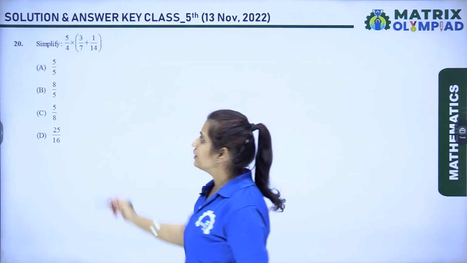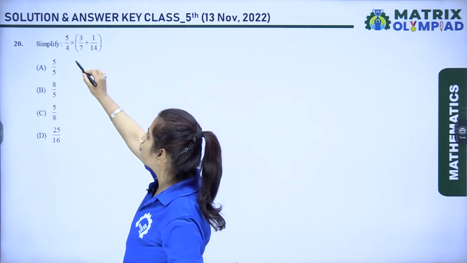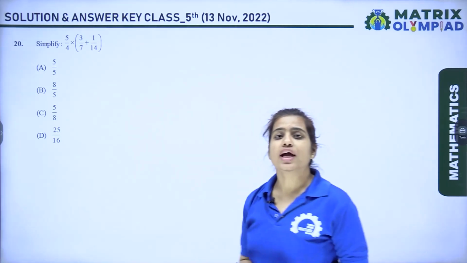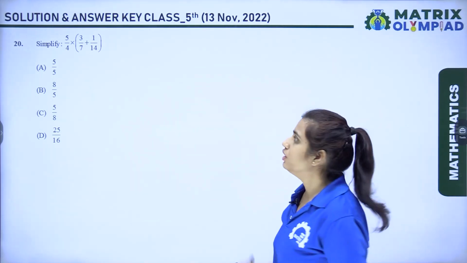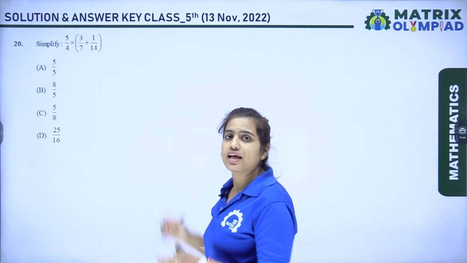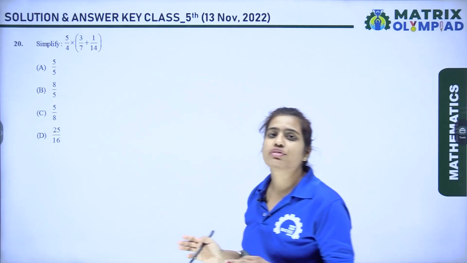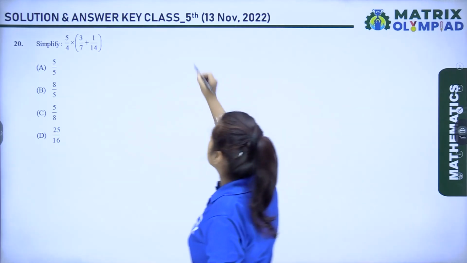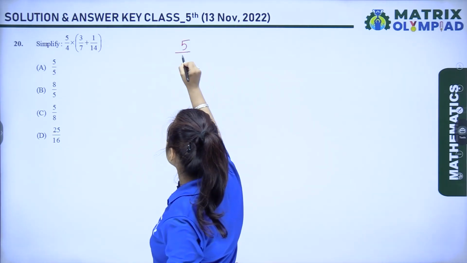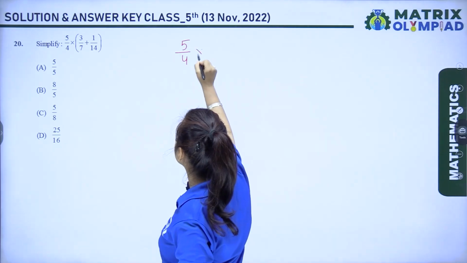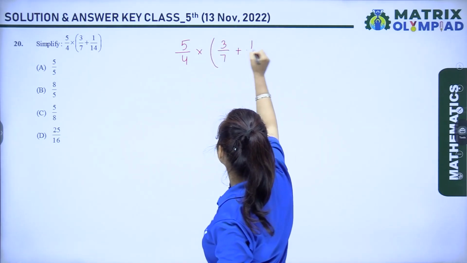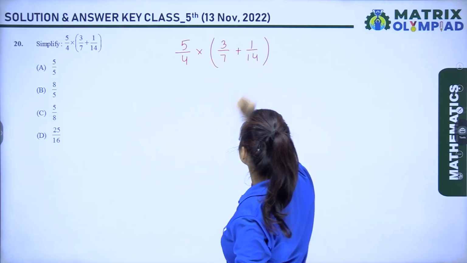Question number 20 is simplify 5/4 multiplied by (3/7 plus 1/14). We have to apply the BODMAS rule here. First we have to solve the bracket and after that we have to multiply it with 5/4. Let's begin with the solution. 5/4 multiplied by (3/7 plus 1/14).